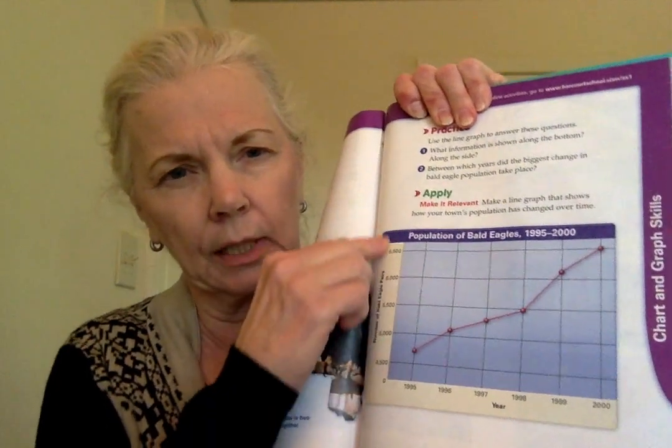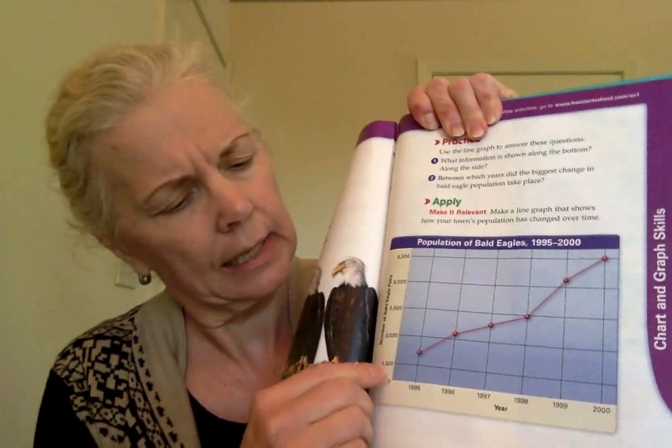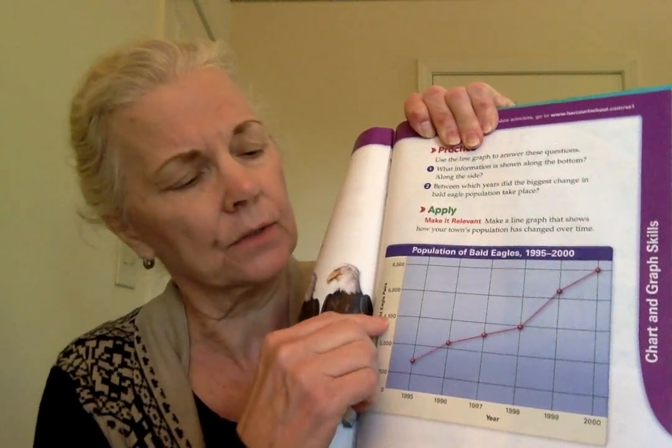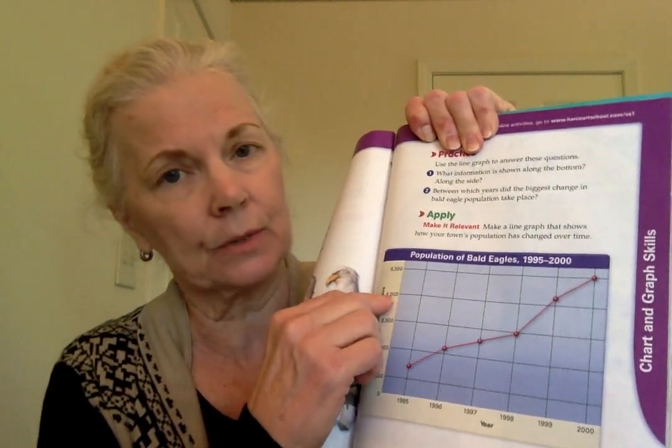Well, remember I said that this is our vertical axis. It starts at 4,500 and then it goes to 5,000, 5,500, 6,000. This is where the lowest number was, between 4,500 and 5,000.